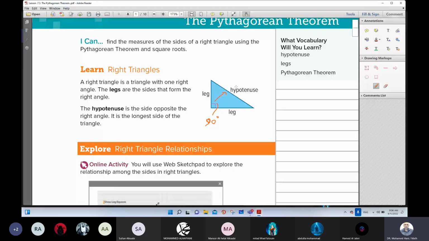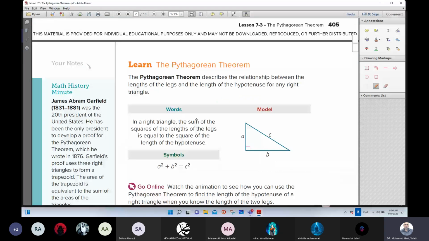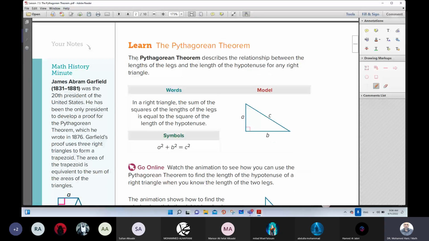The second idea: we want to learn the Pythagorean theorem. The Pythagorean theorem describes the relation between the lengths of the legs and the length of the hypotenuse for any right triangle.